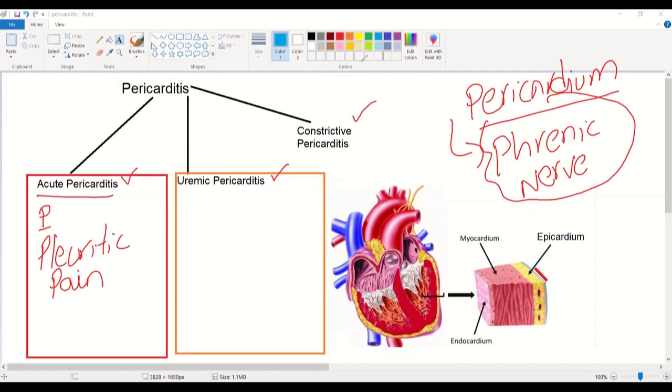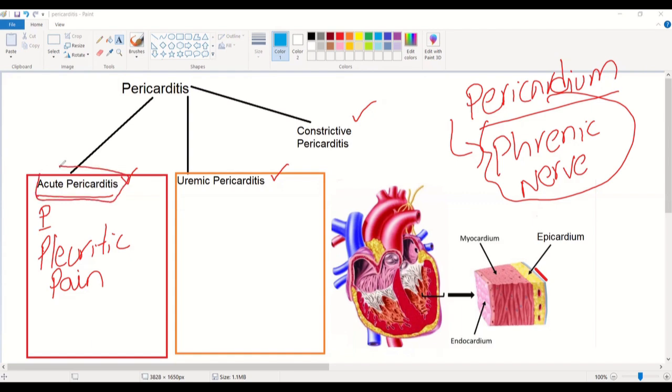It is also aggravated by the supine position, leaning backwards. The pleuritic chest pain is a key thing in acute pericarditis, again high yield stuff. On examination, on auscultation, what will you find? A pericardial friction rub, right?